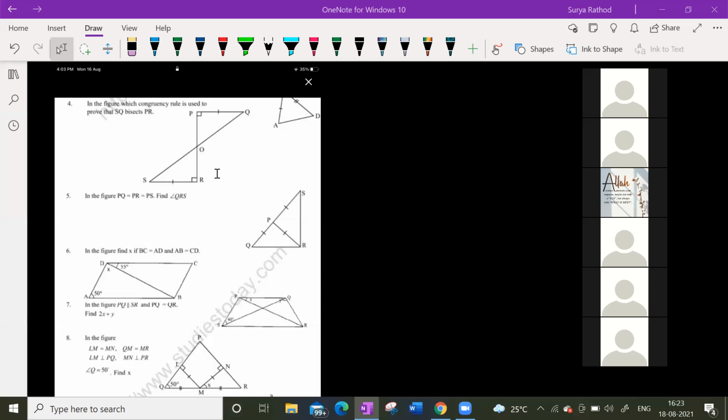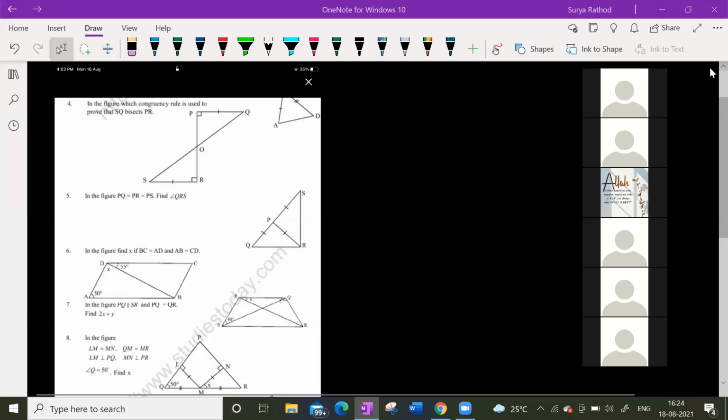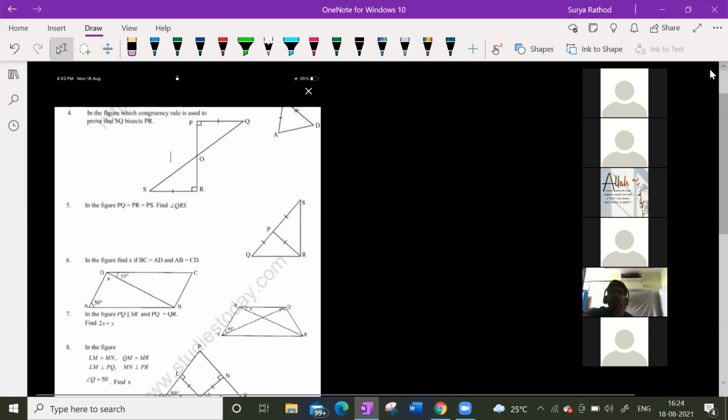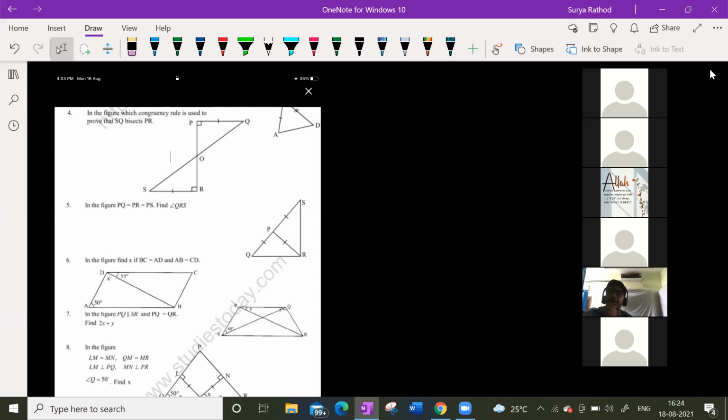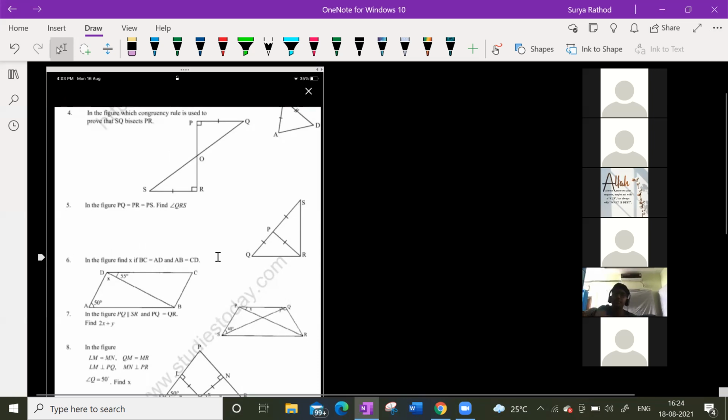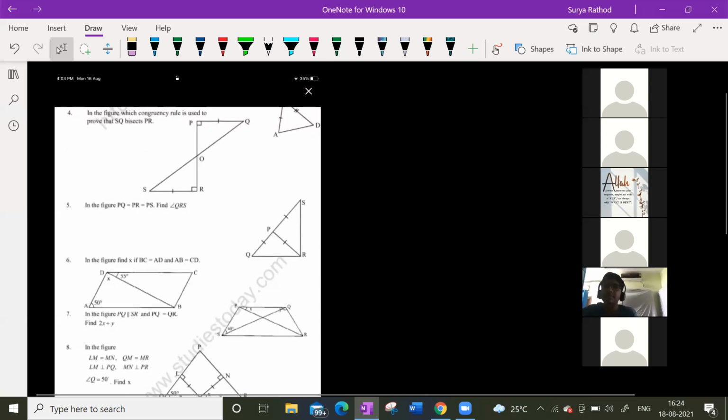So besides RHS, you can use the ASA rule, angle side angle, for proving SQ is bisecting PR. And Strain, how did you solve it? Sir, I'm thinking ASA, because one is an angle, R is an angle, and SQ is a side. But listening to all, they are saying SAS or ASA, so I'm getting confused.